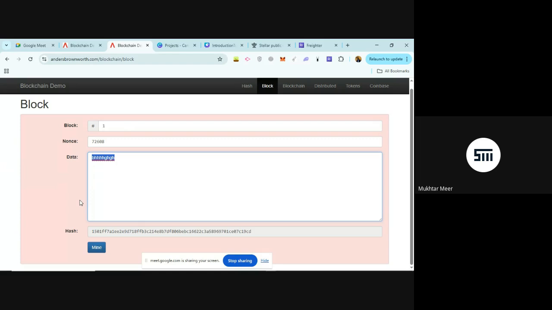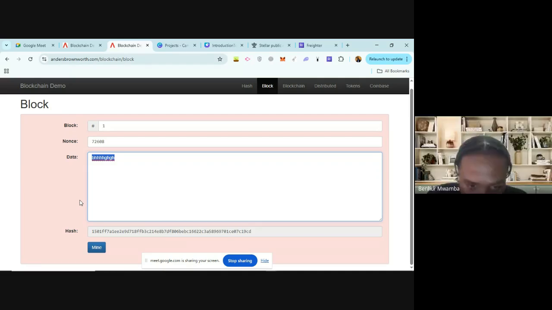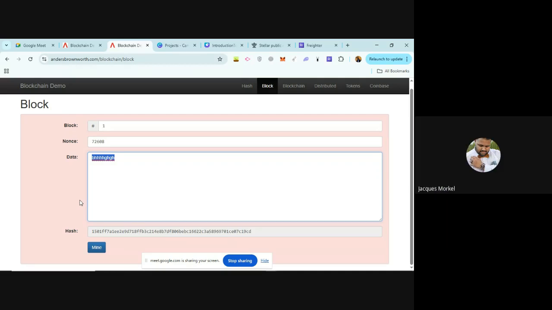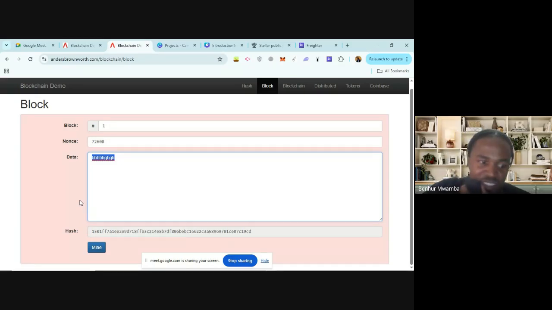The bigger your number, the more nonces are possible to be the key that unlocks the block. So essentially, more zeros make it harder to find a nonce, because instead of a bigger data set, you have a smaller data set of keys that actually unlock it. I hope that makes sense. Perfectly, yes. Thank you, Mukhtar.